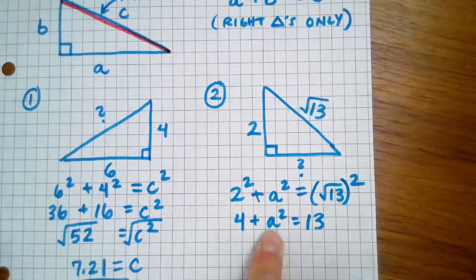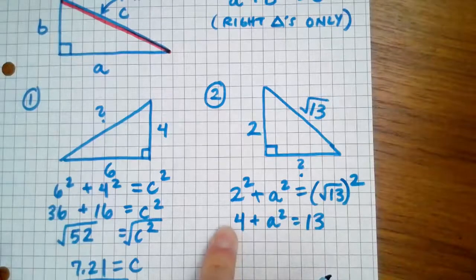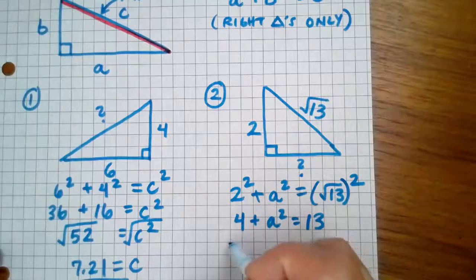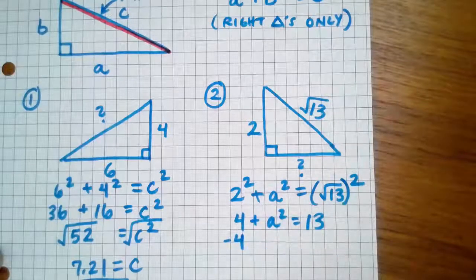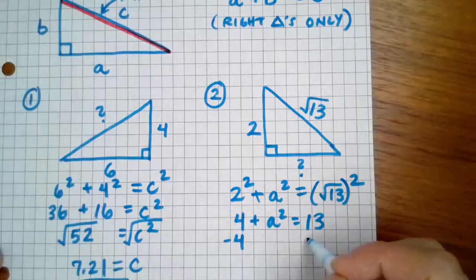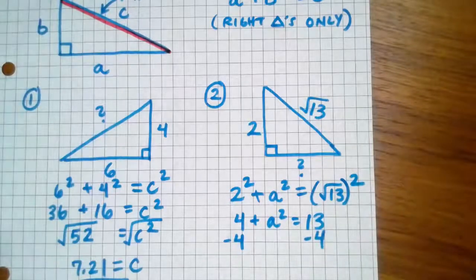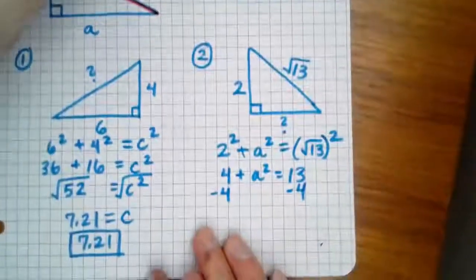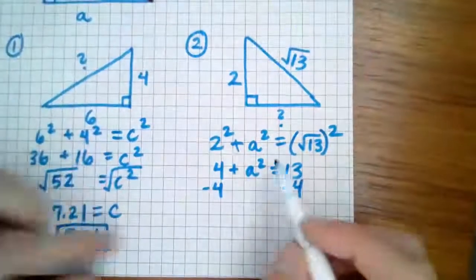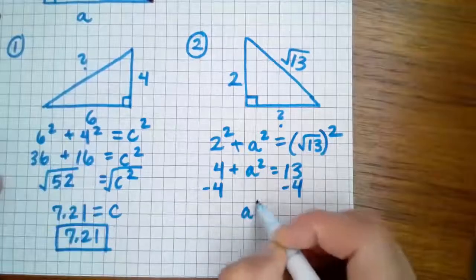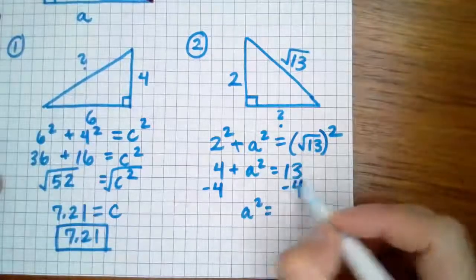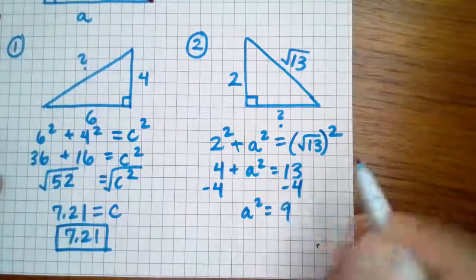I want to get a all by itself. Right now a is being squared and then added with 4. Undo the last step. So I'm going to subtract 4 from this side. If I subtract 4 from here, gotta keep it balanced. I'm going to subtract 4 from the right. On the left, the 4's cancel out, so I'm just left with a squared is equal to 13 minus 4, is 9.